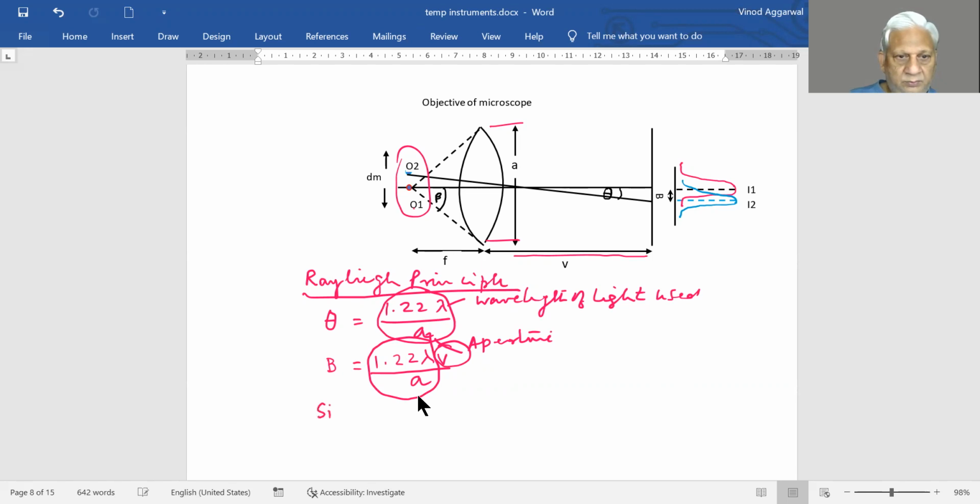So we can write sine beta is nearly same as tan beta is equal to, if we take this is our angle beta. This angle beta is what? Tan of this will be A by 2, half of this, divided by this distance. This distance is nothing but focal length of the lens.